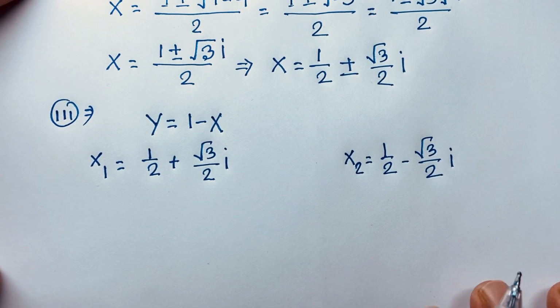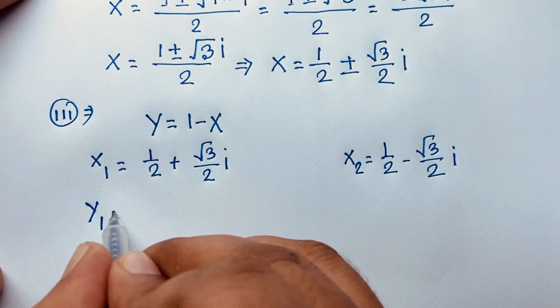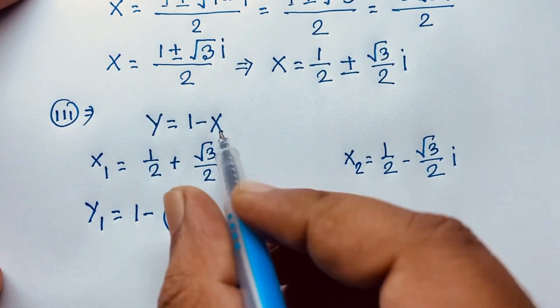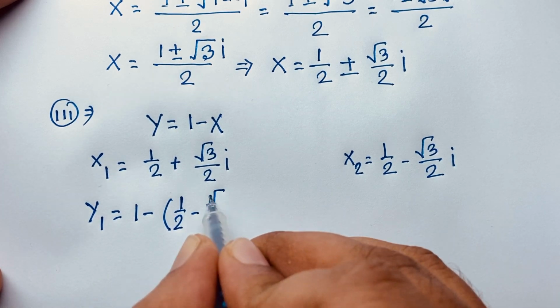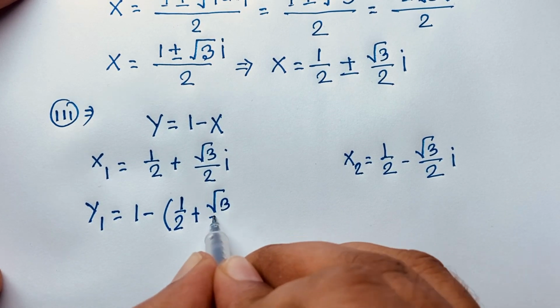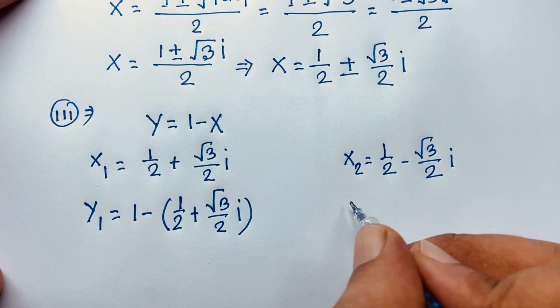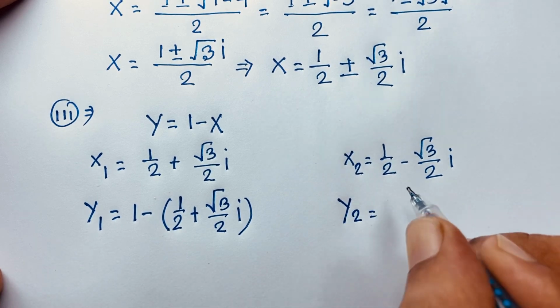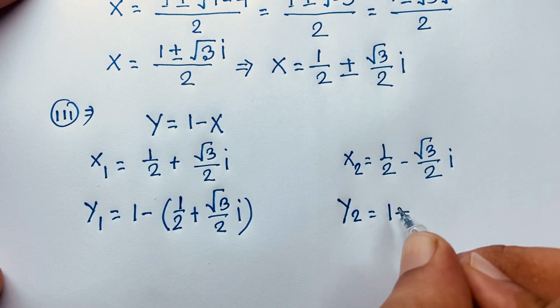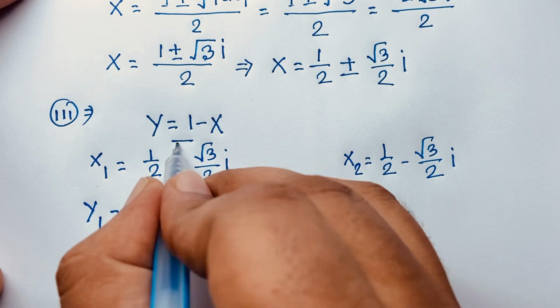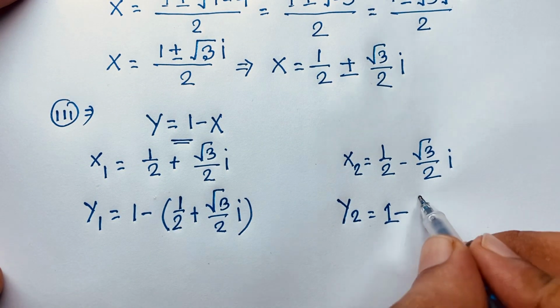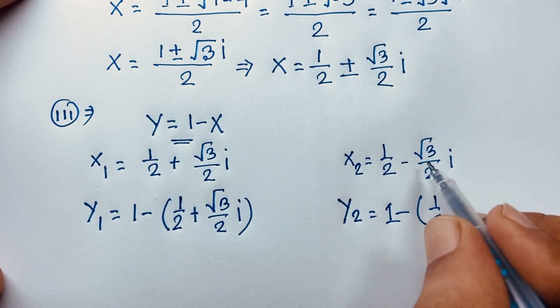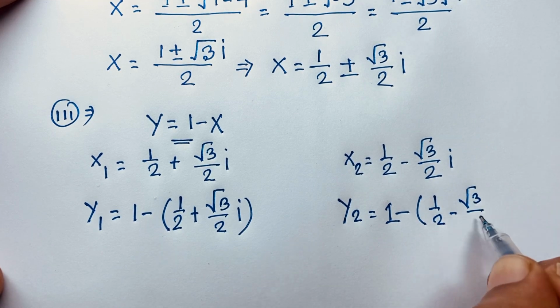Now you can see easily here y1 will be 1 minus x, so it will be 1 over 2 minus square root 3 over 2 i, and here y2 is equal to 1 minus x. I put the value of x in this equation, so it will be 1 over 2 minus square root 3 over 2 i.